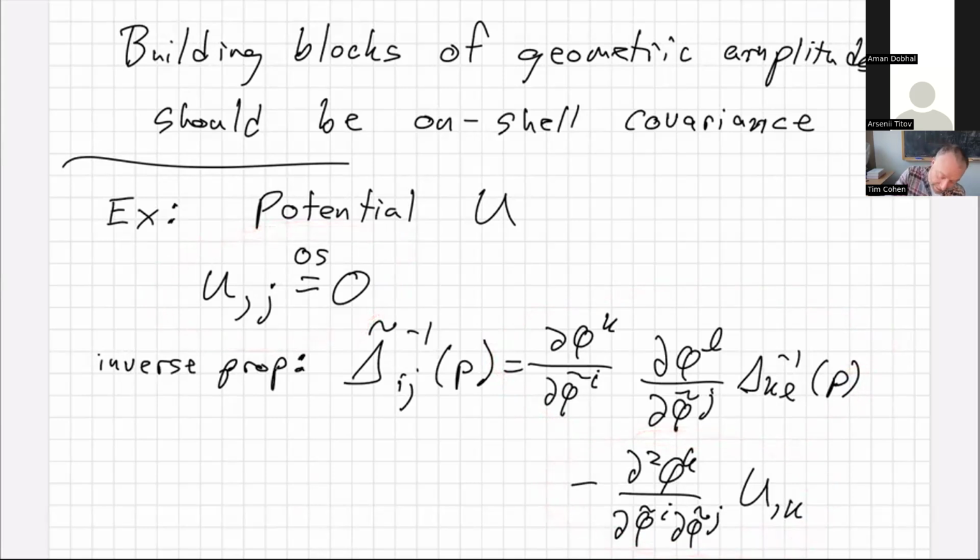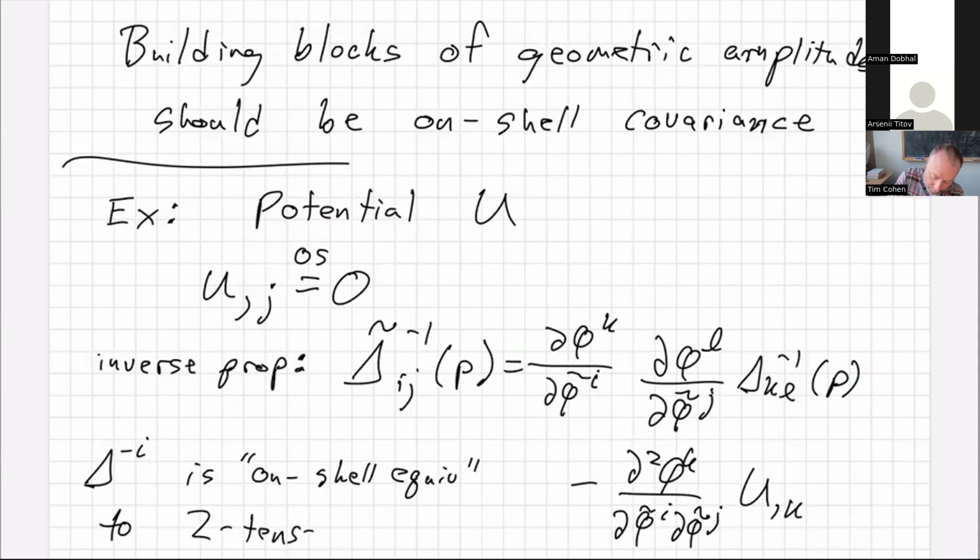So we see that the inverse propagator is what we call on-shell equivalent to a 2-tensor. This is the basic idea: we want to define quantities like this one.